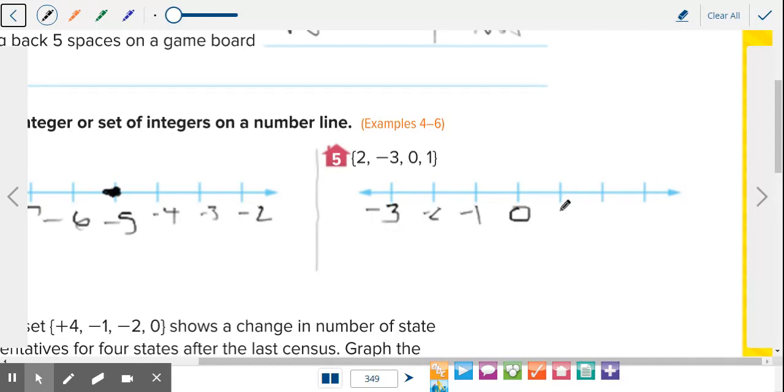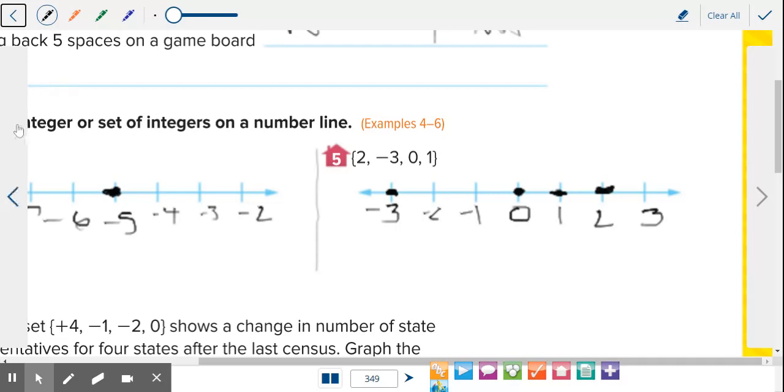What goes right here? 1, 2, 3. So now we go back up to our set. Our first number is 2. So I go over to 2, put a dot. Next number is -3. Well, we go to -3, put a dot. 0, put a dot. And 1. And that's how you graph on a number line. Any questions on that?